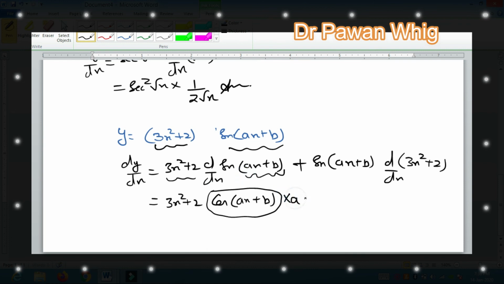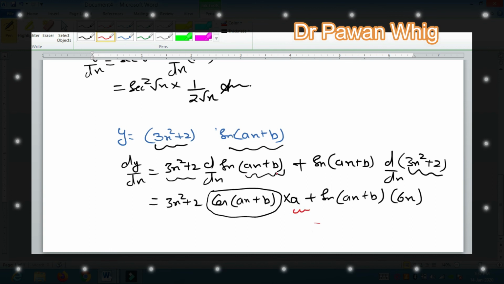This is what we call the chain rule. And for the rest of the question, it is sin of ax plus b, and the differentiation of the other part is nothing but 6x. This is very important: where did this a come from? Because the question is sin theta, and theta here is ax plus b.